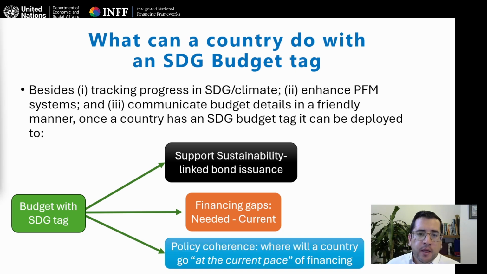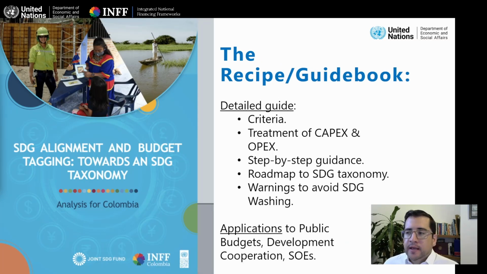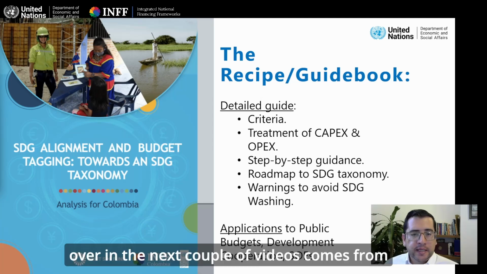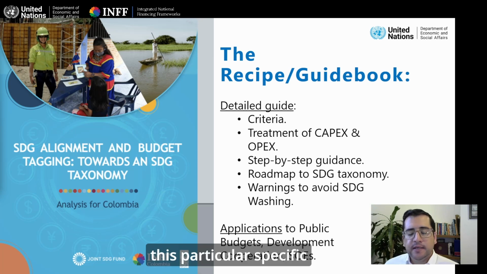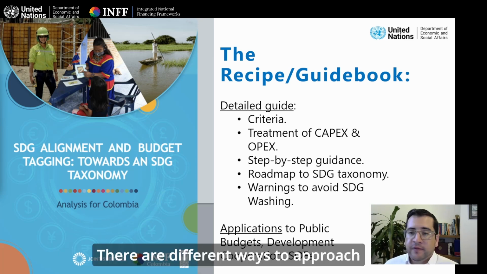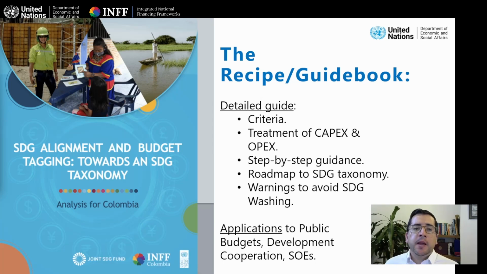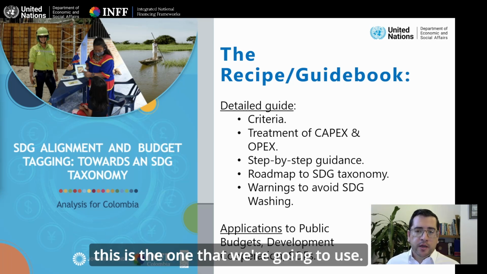Lastly, before we begin, I would like to share that the methodology that we're going to go over in the next couple of videos comes from this document by UNDP that has developed this specific SDG budget tag methodology. There are different ways to approach an SDG budget tag, but this is one of the main ones that are available, and this is the one that we're going to use.